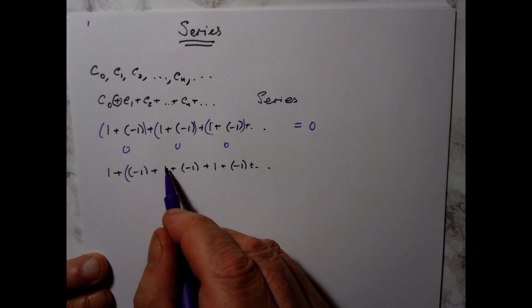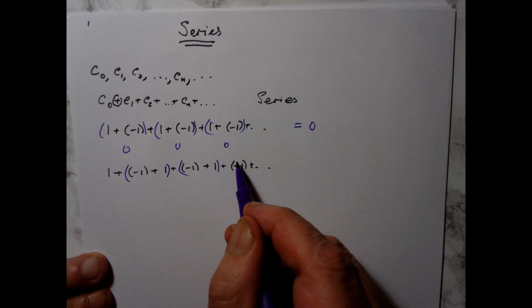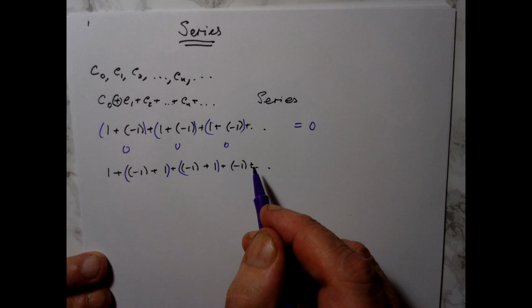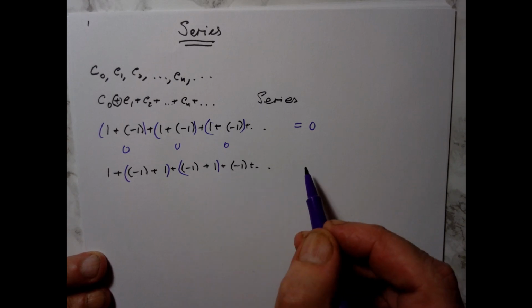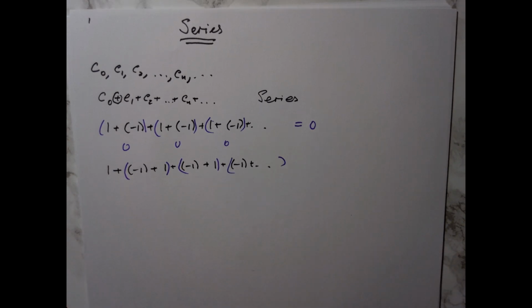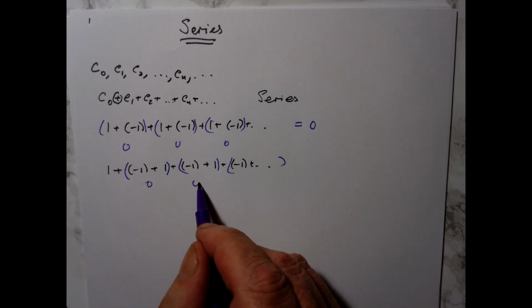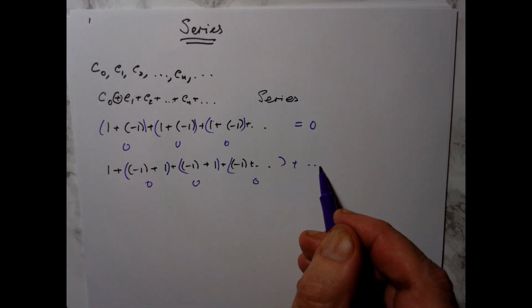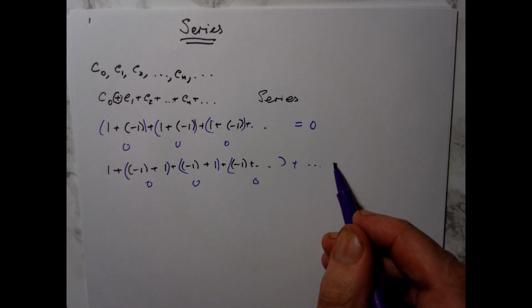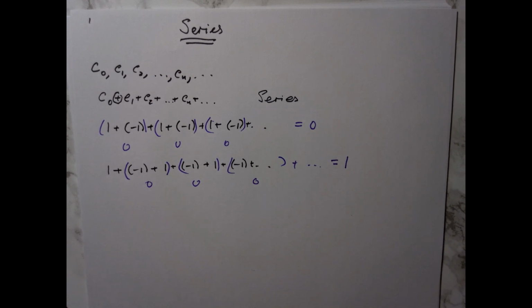I'm going to put the brackets here and here and here. And so all these terms are going to be 0, and the first term is going to be 1, and therefore the same series equals 1. So now we have this possibility that if we treat this sign as a regular plus sign, 0 is equal to 1, mathematics is inconsistent, we're all out of jobs, and it will not go any good.